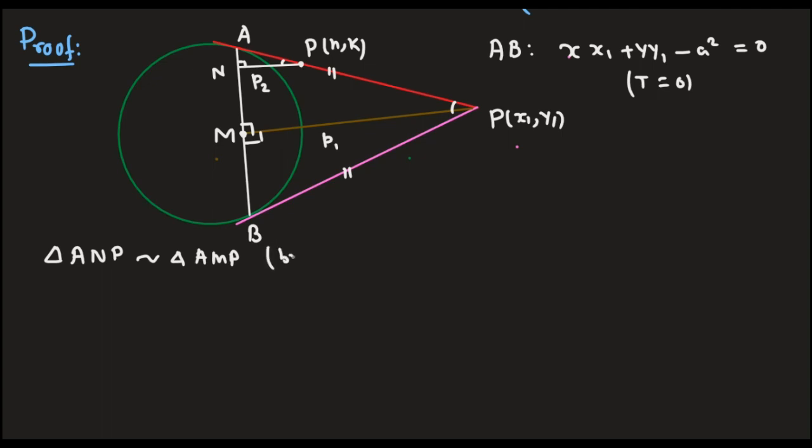So by angle similarity, you can say that if the two triangles are similar, then the ratio of their corresponding sides are equal, or the sides are proportional.